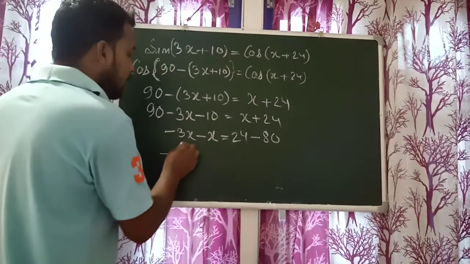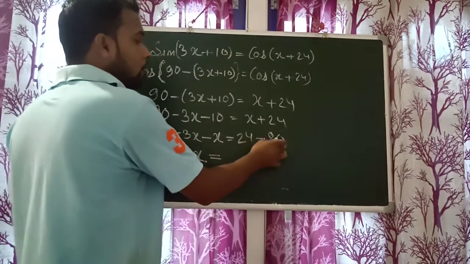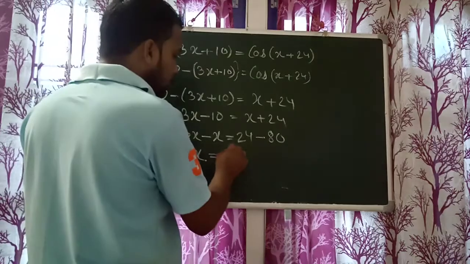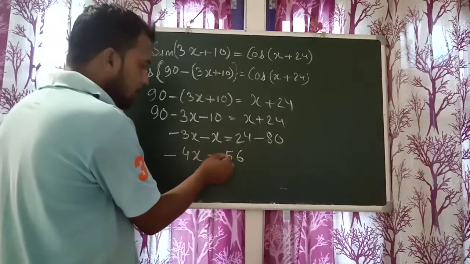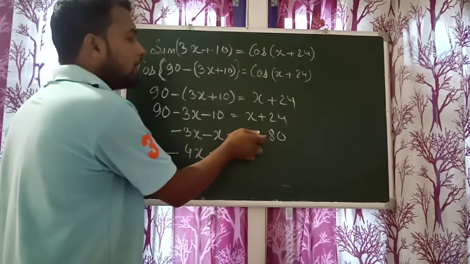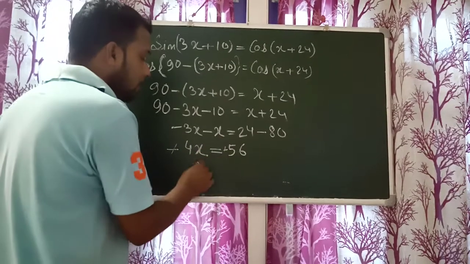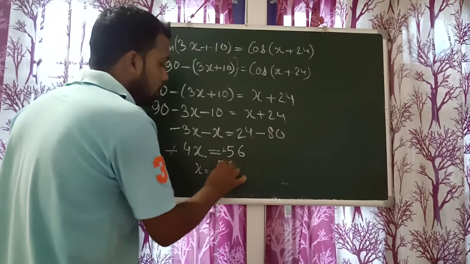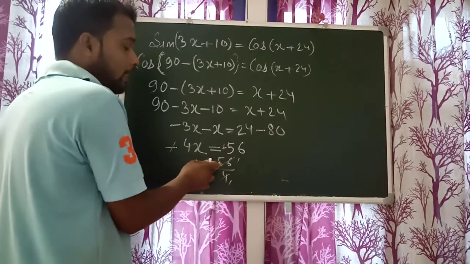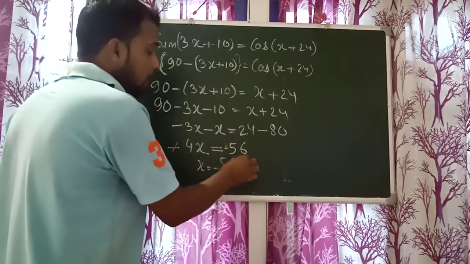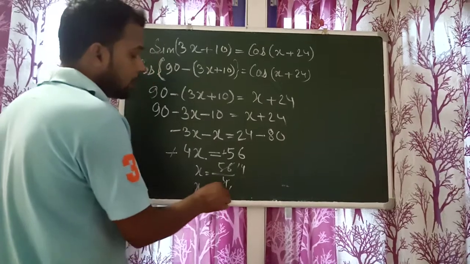Okay, now we are getting minus 3x minus x is equal to minus 4x is equal to, when you subtract this one you will get 56. Okay, minus 56, because 80 is more and before 80 there is a minus sign, then here also you have to put a minus sign. Minus and minus cancel. x is equal to 56 divided by 4. Cut it: 4 ones are 4, 4 ones are 4, 1 is left, 16, 4 fours are 16. Okay, x is equal to 14. This one will be your answer.